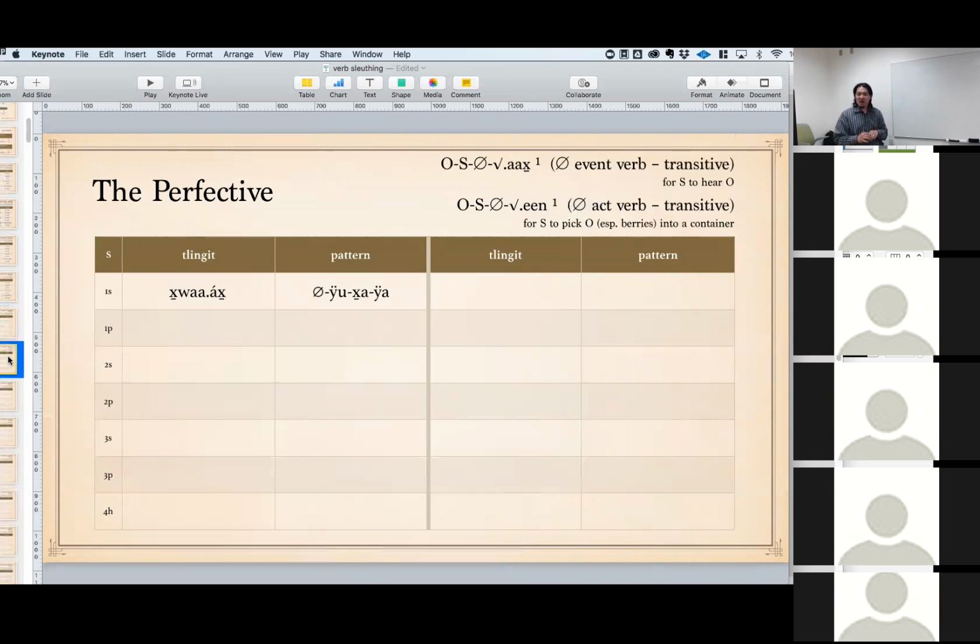So everybody say khwa'ach. Khwa'ach. But now once we get that first one, we should be able to get them all the way down, right? So now that we have khwa'ach, can somebody, maybe online, tell us we heard it? H-E-A-R-D.